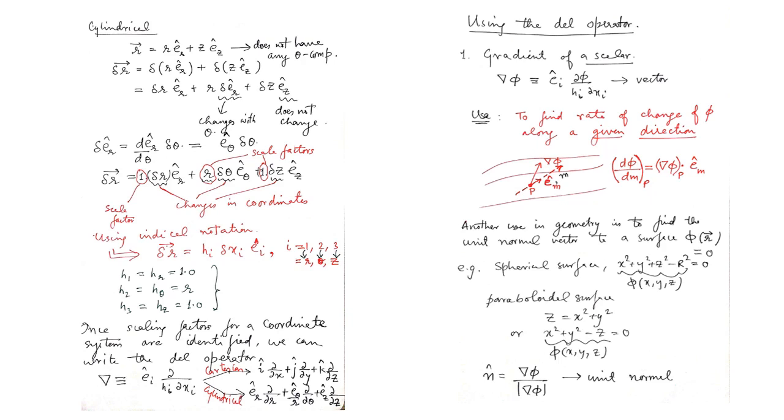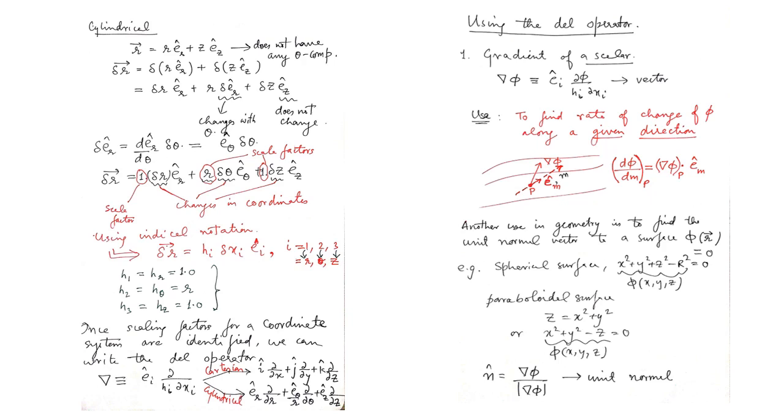Now delta er can be written as der cap d theta times delta theta, and we know already this derivative, so it comes out to be e theta cap delta theta, and then we substitute it back into our above expression, so we get the scale factors, and everything is before us just by comparing it with the general expression hi delta xi ei cap. So we find that the radial direction scale factor is 1, the theta direction scale factor is r, and the z direction scale factor is 1.